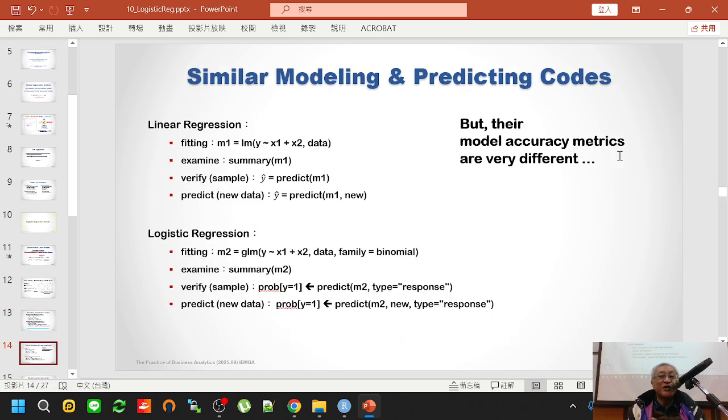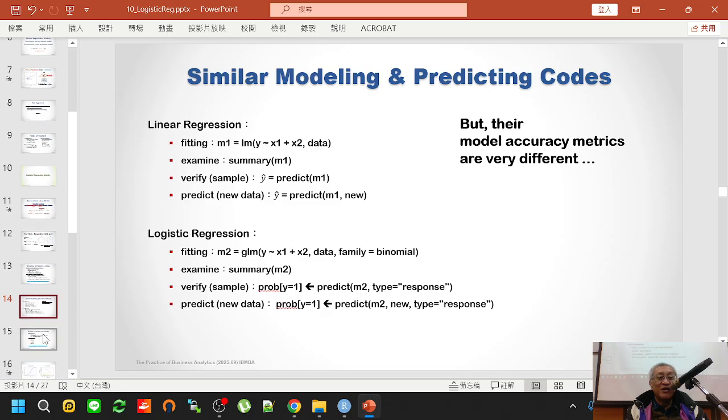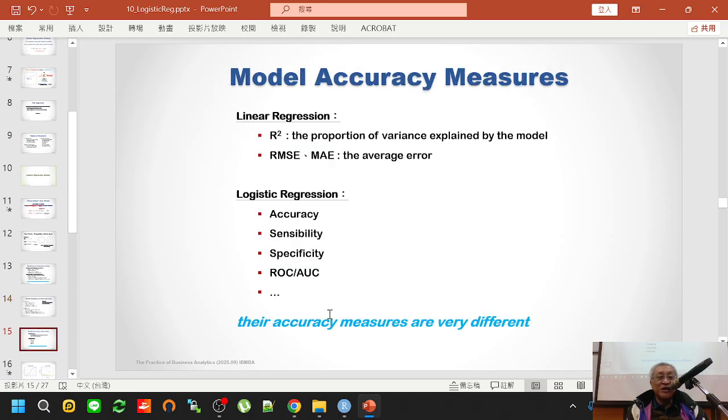But the model accuracy metrics are very, very different when we are talking about probability. In linear regression, as we mentioned, we use R square and RMSE to measure the model accuracy.